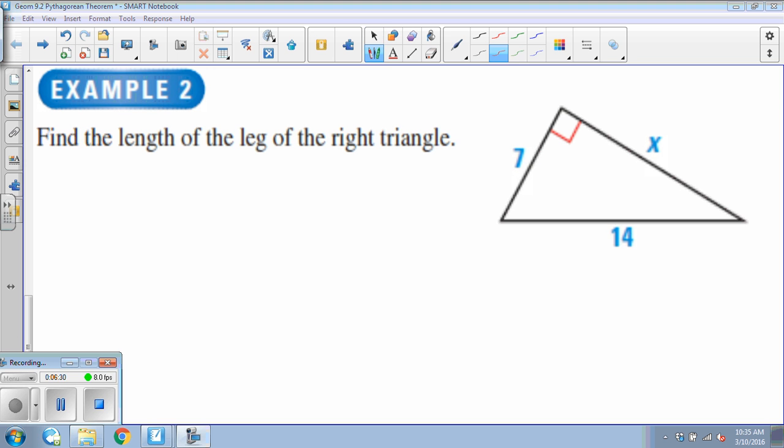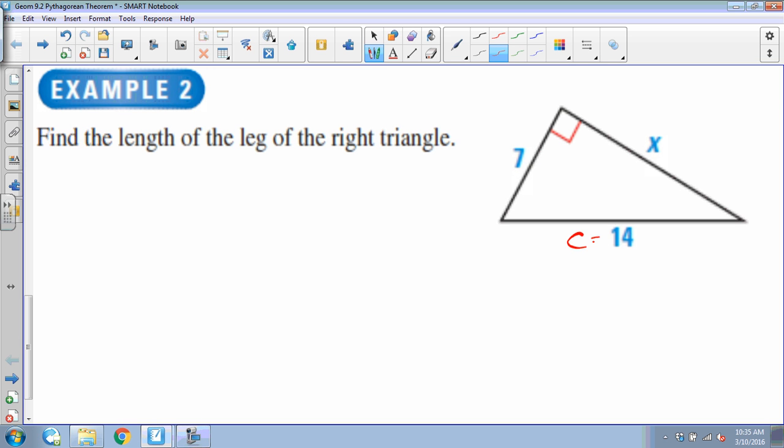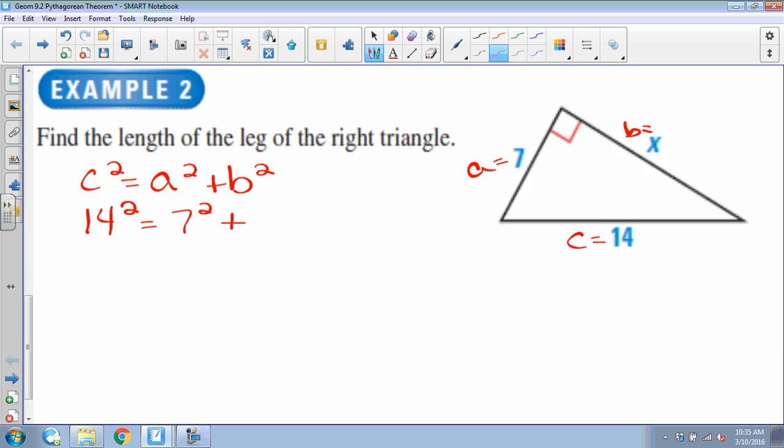Okay, so this is C, because it's opposite the right angle. So we'll just call this A and B. So C squared equals A squared plus B squared. So 14 squared equals 7 squared plus X squared.